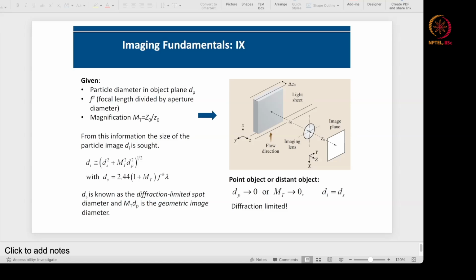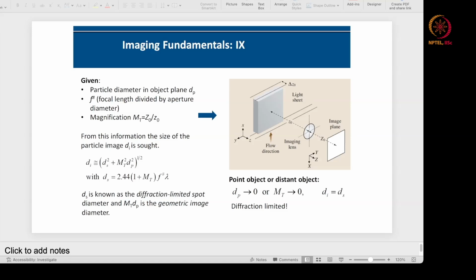That is a rather important thing that you should remember. Now, a couple of points about diffraction: it is basically the bending of light at the corner of an obstacle.